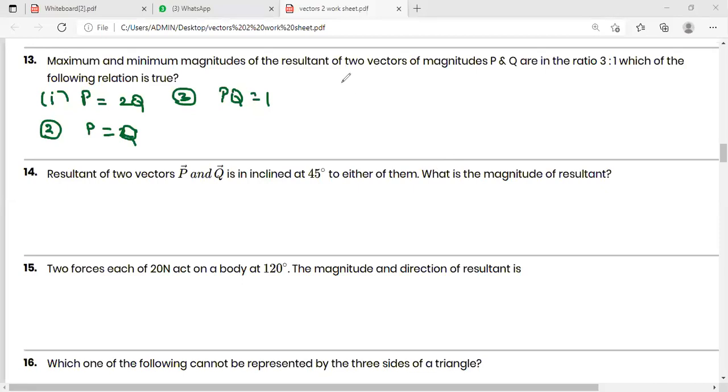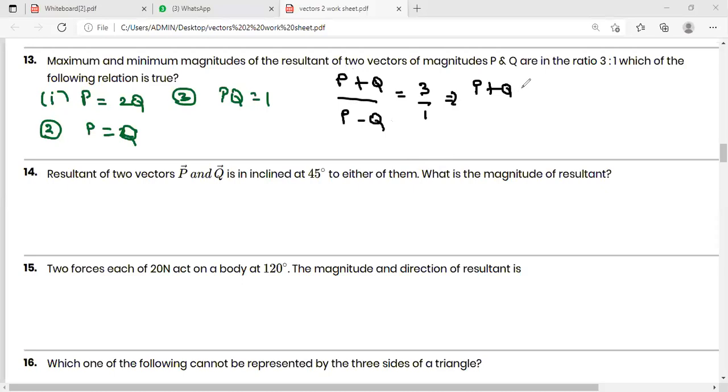First of all, we know here (P plus Q) by (P minus Q). That ratio is given as 3:1. That is the information given in the question. Now, we can just take cross multiplication here.